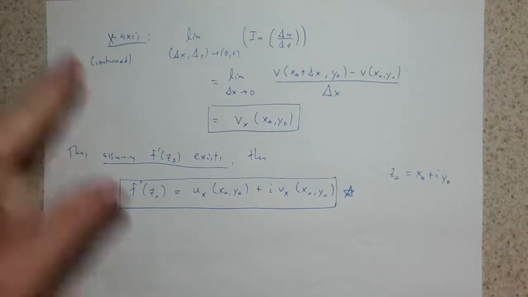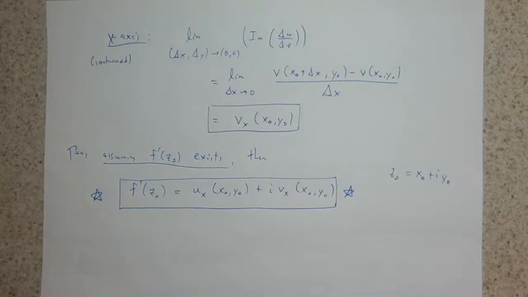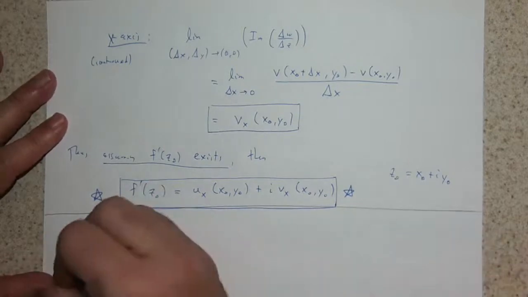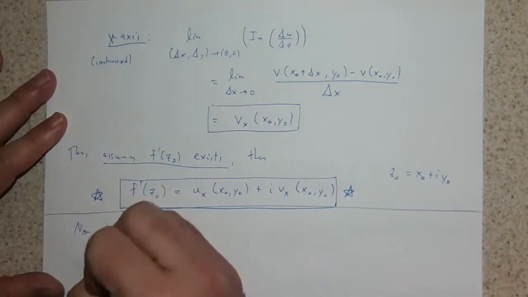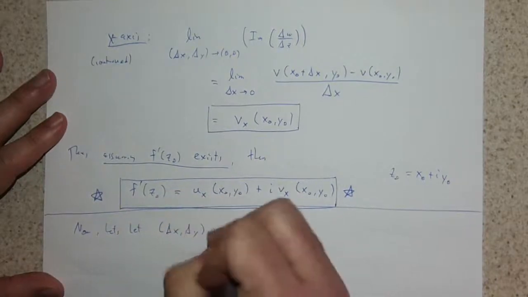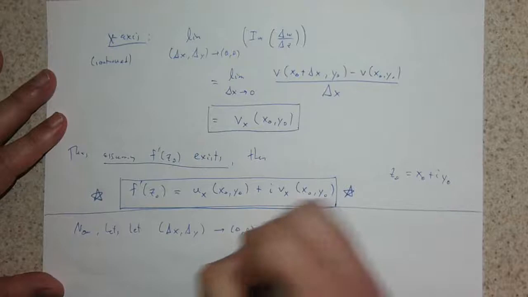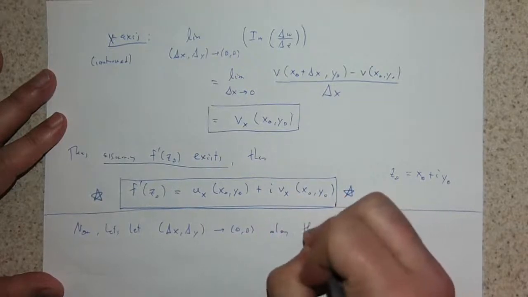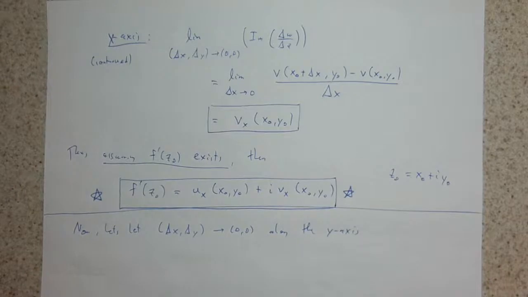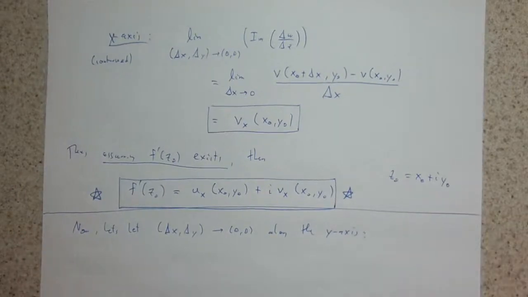We did this analysis by having delta x, delta y approach 0, 0 along the x-axis. Now, let's let delta x, delta y approach 0, 0 along the y-axis, because whatever we get out of this is just as valid as what we got by approaching along the x-axis.